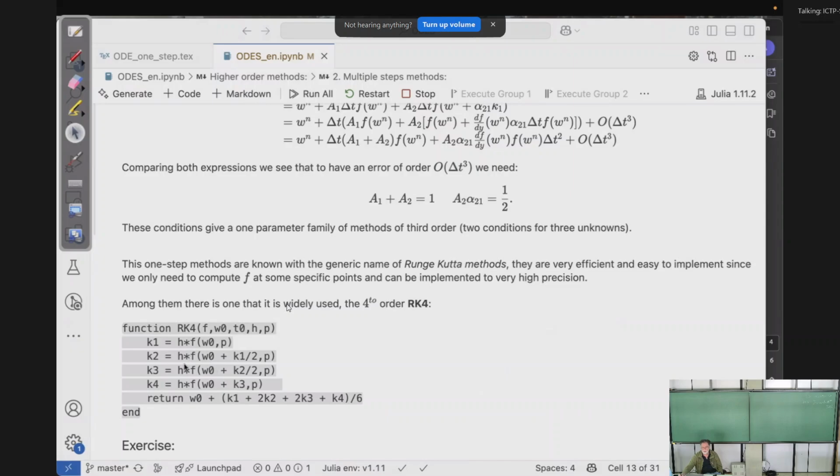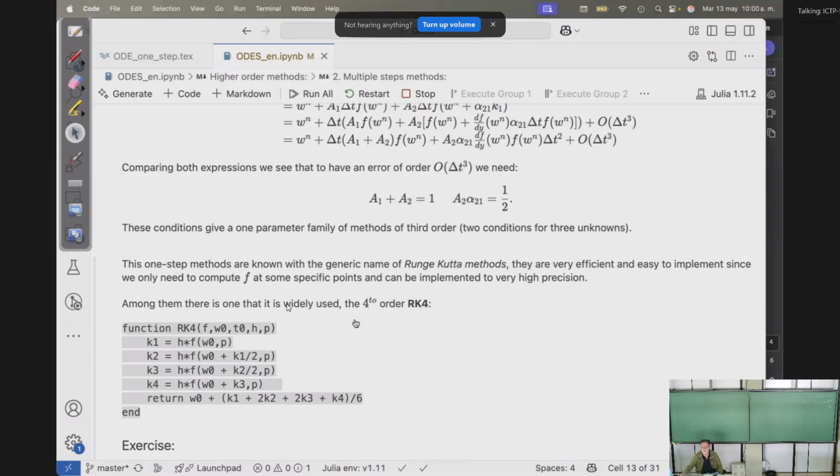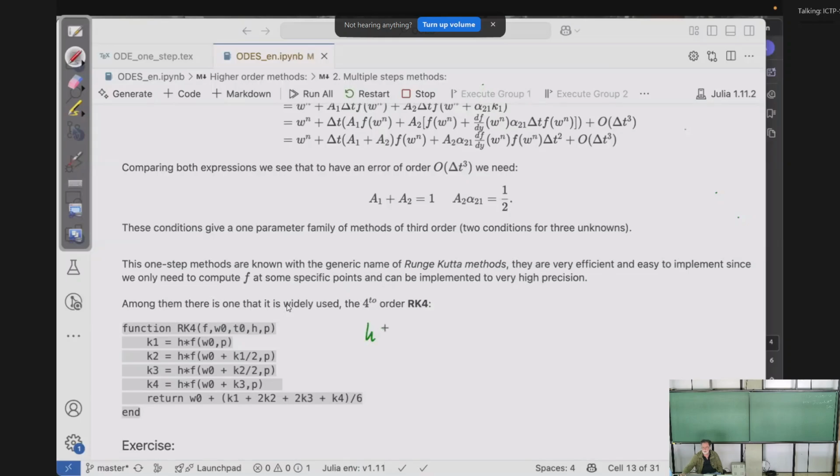But then you take another one, K3, which you put here and compute again with this other vector. Here h is equal to delta t. In many places, h is used instead of delta t because you have to write less.